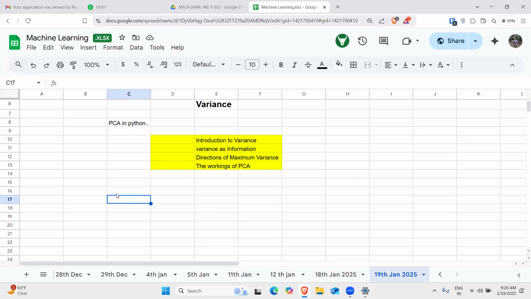However, we did not know how to find those ideal basis vectors and what exact properties they must satisfy. In this session, we'll do that by understanding variance as information. So how do you understand variance as information? Let's try to see that.